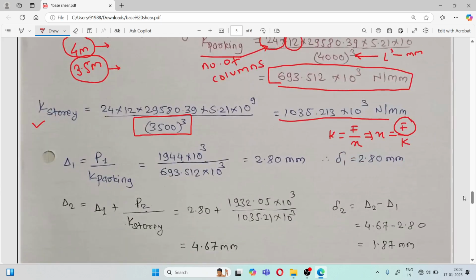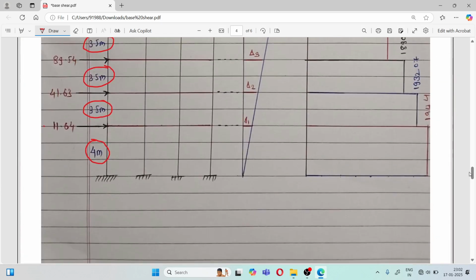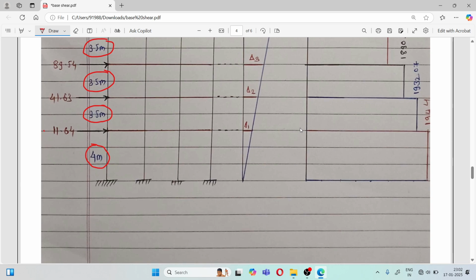Just a minute. So here we have calculated. This is the first story. The force acting on the first story I have written here; if it is not clear, I can write here 1944. Now the stiffness of the story we have calculated.